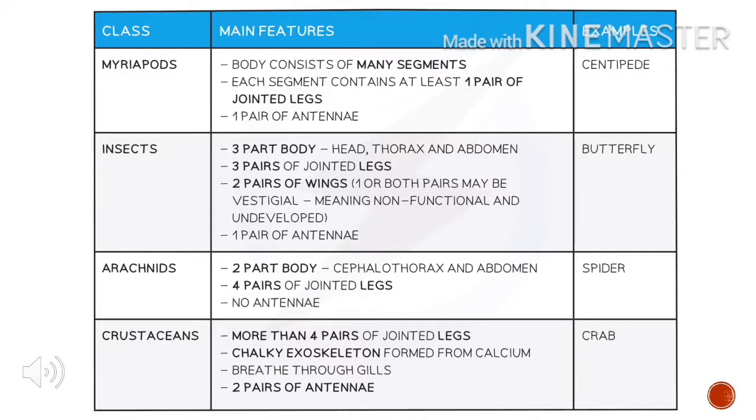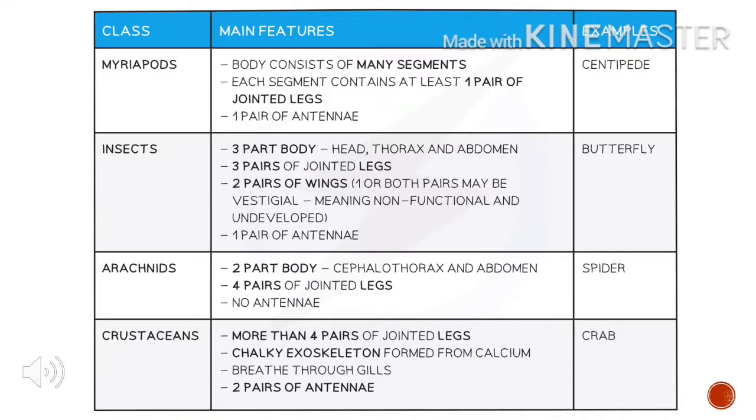Next, class Insects. 3-part body. They have the head, thorax, and the abdomen. 3 pairs of jointed legs. 2 pairs of wings. 1 or both pairs may be vestigial, meaning non-functional and undeveloped, and 1 pair of antennae.